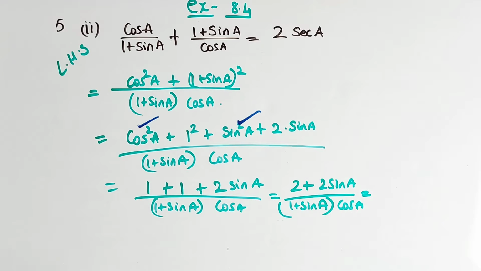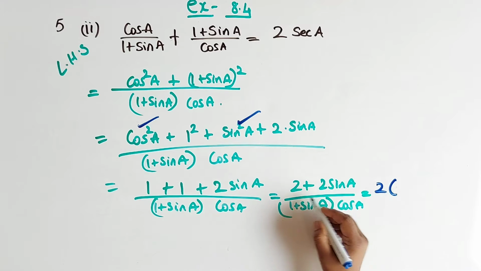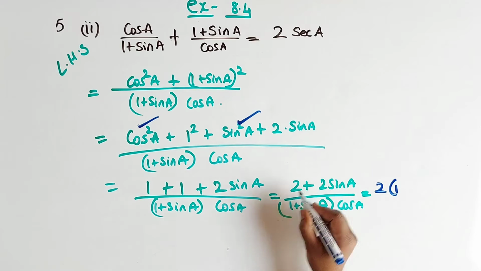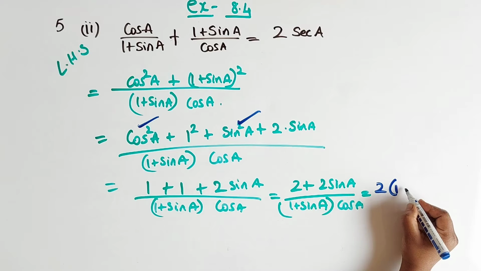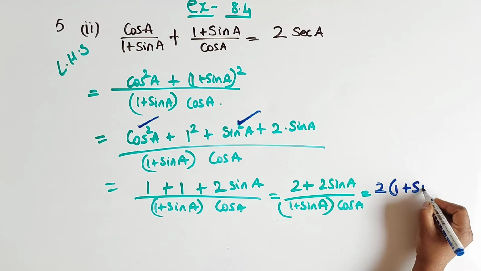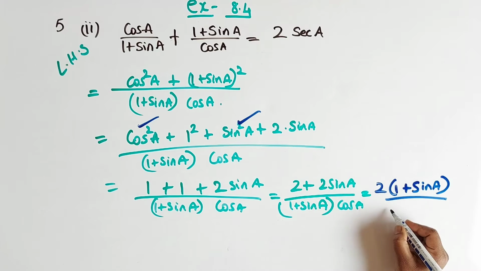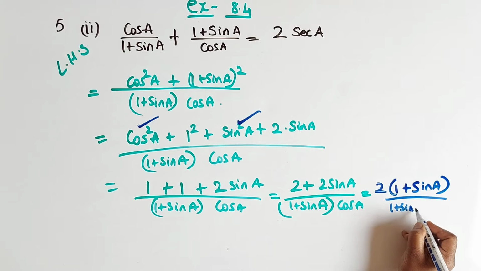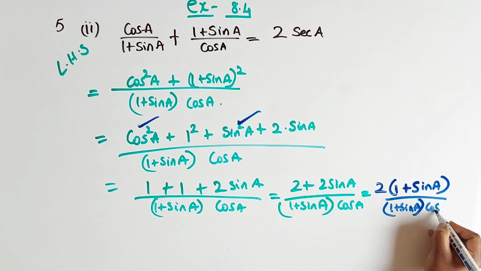Now take 2 outside common. And what is there in bracket? If 2 is going outside, 1 is here plus 1 sin A, that is sin A, divided by (1 plus sin A) into cos A.